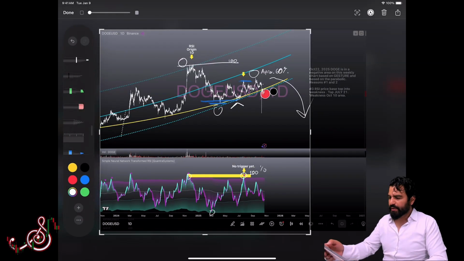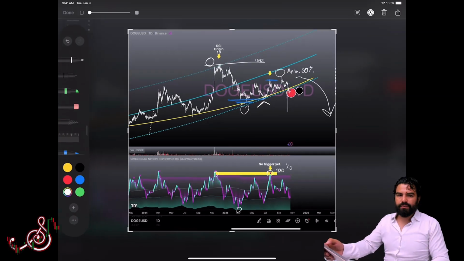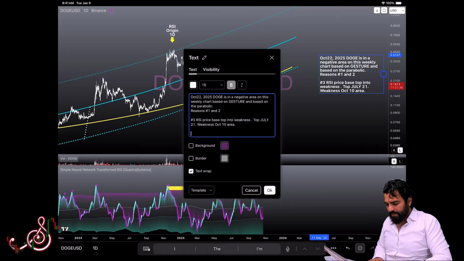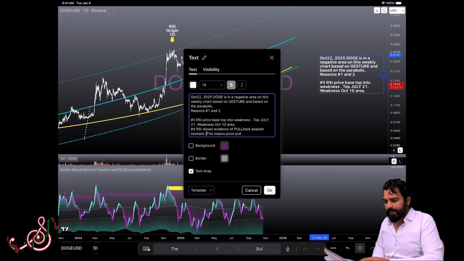And I'm going to cut that out right there so I can add this here. Number 4. RSI shows evidence of pullback bearish momentum. Okay, I don't want to say this means, I'll just tell you what it was.